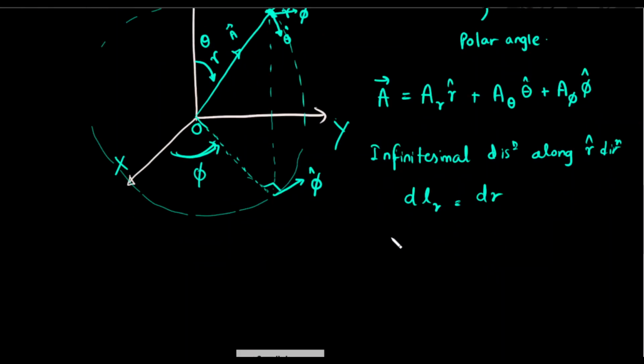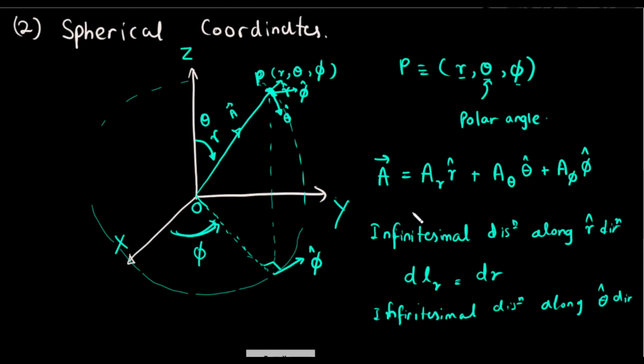And if we take a look at the infinitesimal displacement along the theta hat direction, it is going to change with the radius as well. Because it's just like a circumference, it is changing with r theta.